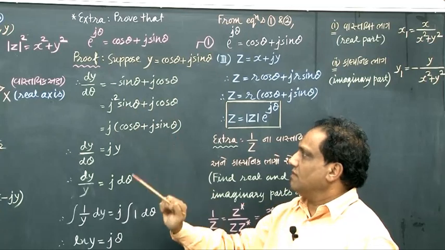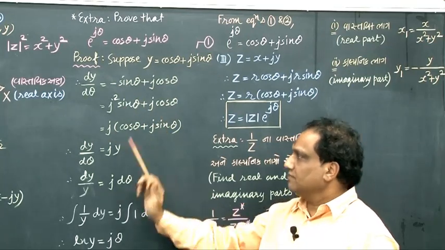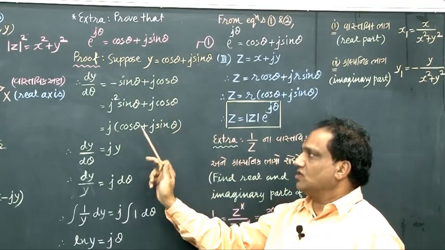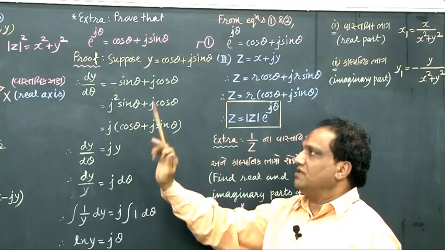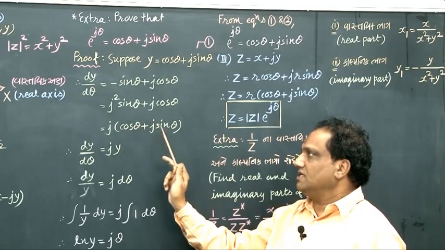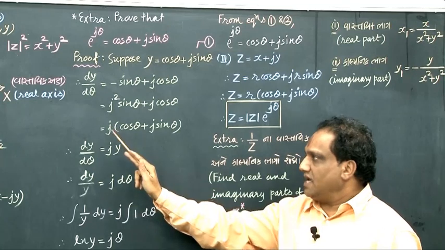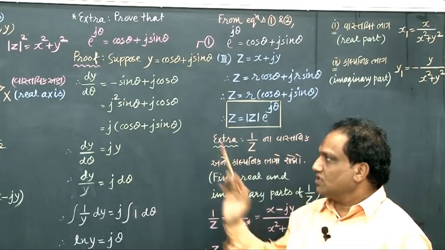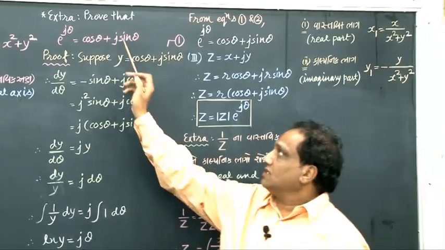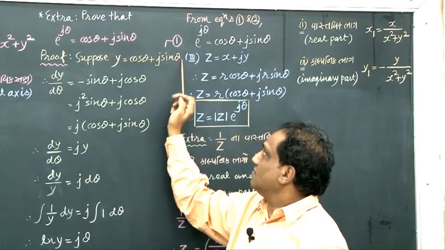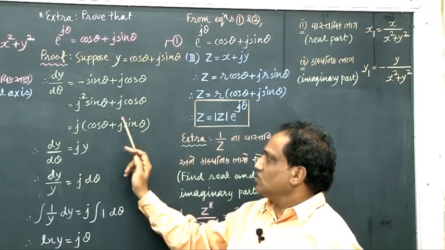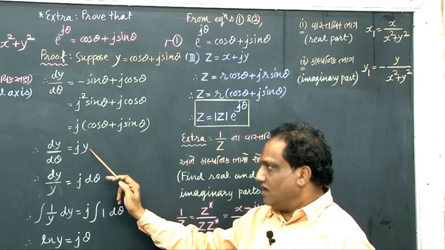Now out of these two terms, I just take j common. Inside the bracket, left from here it is cos theta plus j sin theta. Now this j as it is. But what is cos theta plus j sin theta? It is nothing but y. So this can be replaced by y.